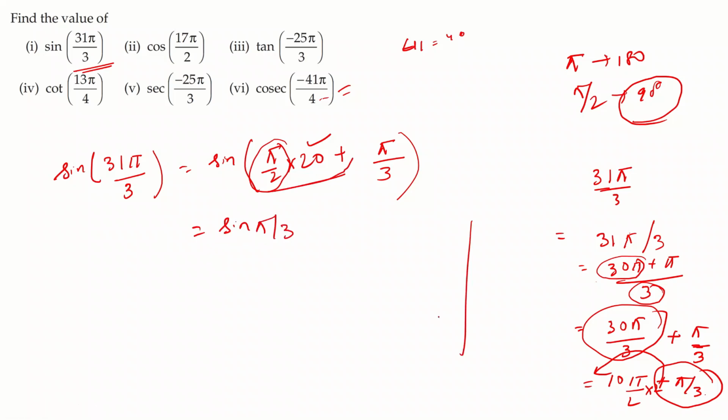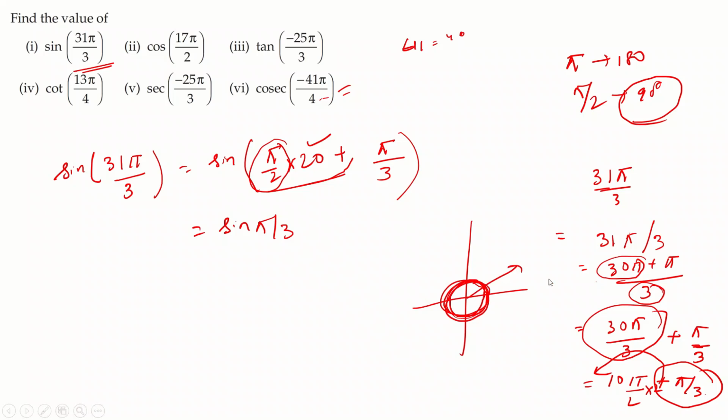Now the most important part: determining the sign, positive or negative. So pi by 2 20 times. Pi by 2 means 90 degrees. 1, 2, 3, 4, 8, then again 12, then 16, and then 20. And then plus pi by 3 will give you something in the first quadrant, right?